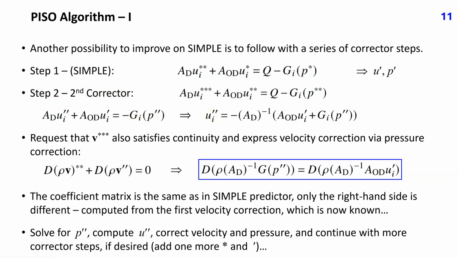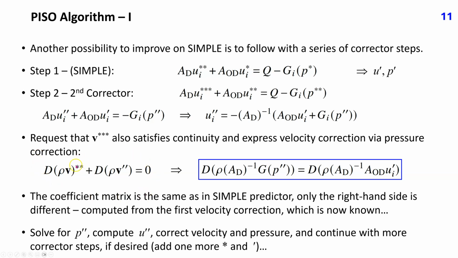Because in off-diagonal terms the known first correction features, we obtain a direct relation between the second velocity correction and second pressure correction. We then request that the velocity v with three stars after the second correction also satisfies the continuity equation.